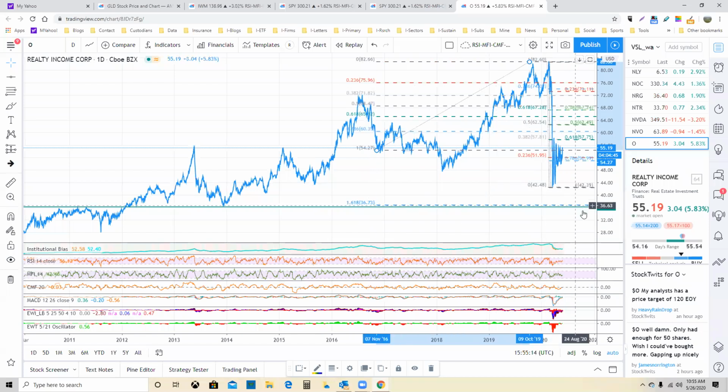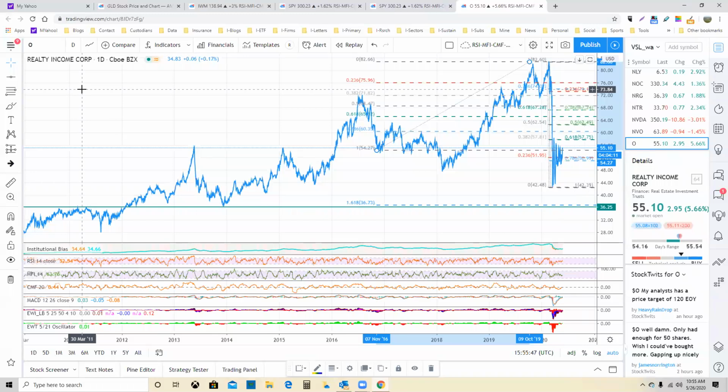Look where that line ends up. Pretty amazing, huh? How did that Fibonacci level end up right here where I drew that green line a second ago? So it's just not far-fetched that Realty Income can get into the middle 30s. Not saying that it will, just saying that it's clearly something that could happen.